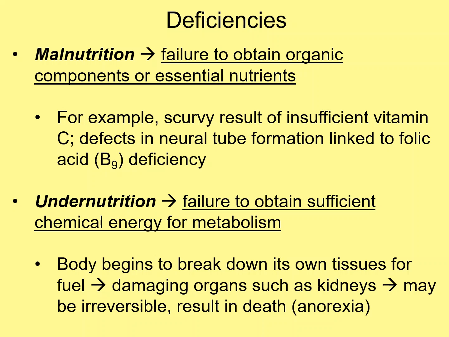And so that damage actually may be permanent as a result of chronic undernutrition. So short-term undernutrition is not so bad, but chronic undernutrition can result in permanent damage to organs, in particular your kidneys. And that's something that you may have to just live with for the rest of your life.